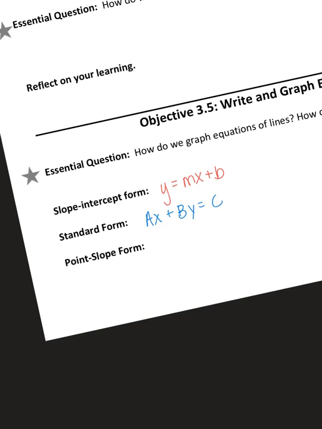And there's point slope form, which is y minus y sub 1 is equal to m times x minus x sub 1. Now, of those three forms, the one that you have to know is slope-intercept form, because if you're given any other form, as long as you can put it into slope-intercept form, you will be fine, okay?